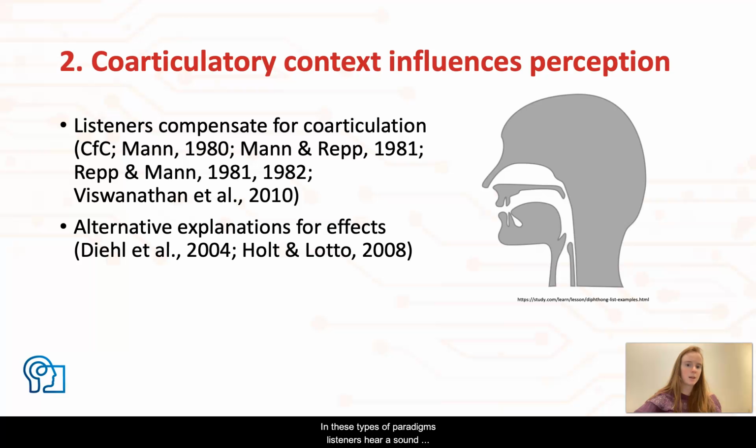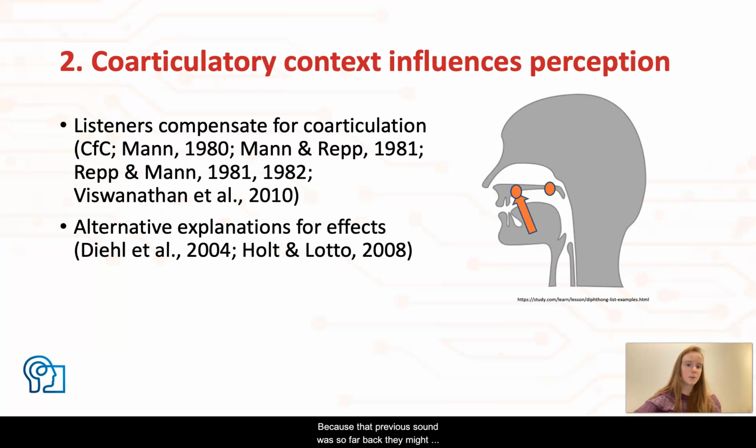In these types of paradigms, listeners hear a sound produced with a relatively back place of articulation. That is, this sound is typically produced further back in the mouth. One such example of this type of sound is a k. If a talker produces this sound, and immediately after produces a sound with a more front place of articulation, say a s, the talker may not reach that canonical place of articulation. In other words, they might not be able to reach that front place in their mouth.